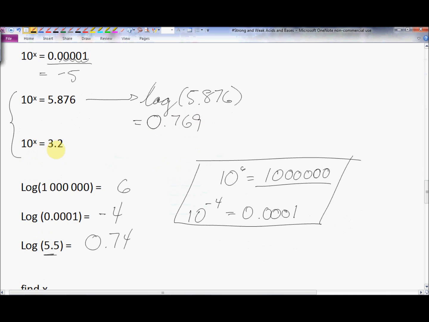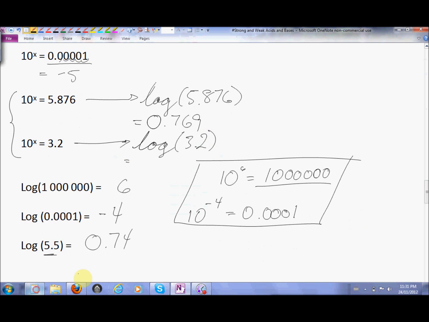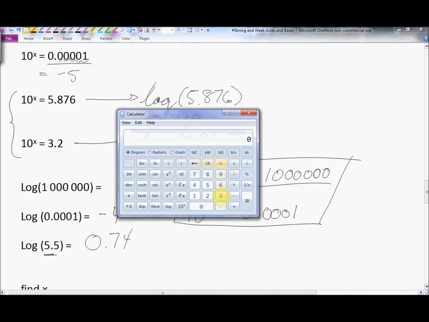Now, 10 to the x is equal to 3.2. That's a tough one. We can't just do it in our head, so let's use a log. Take the log of 3.2, and that equals 0.505.